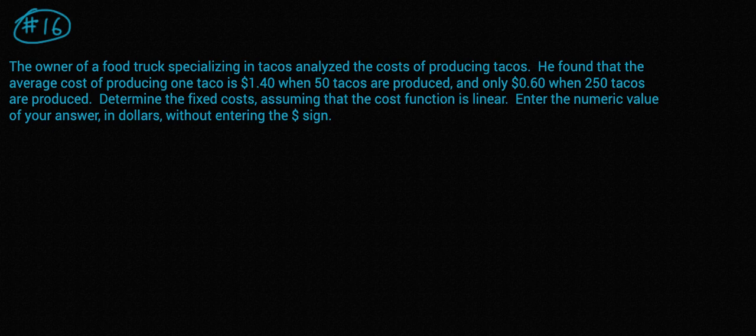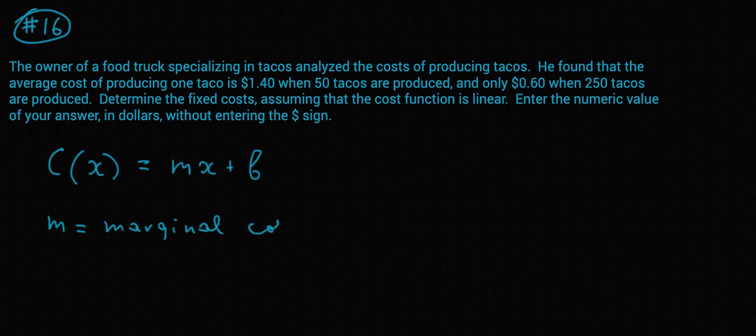Since the cost function is linear, we can write down the equation for the cost function in the following form: C of x equals mx plus b, where m is the marginal cost and b is the fixed costs.